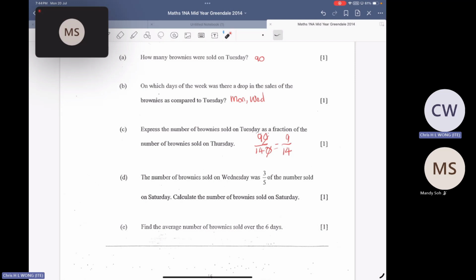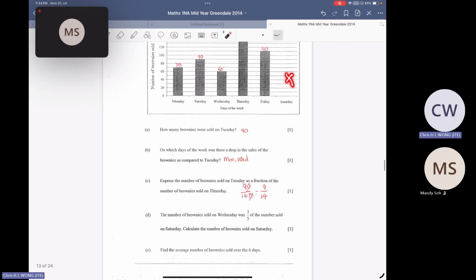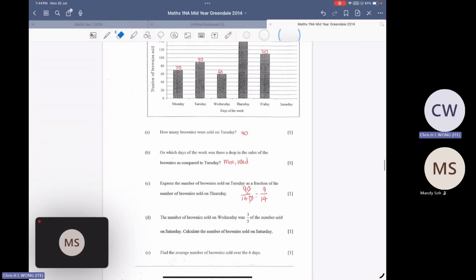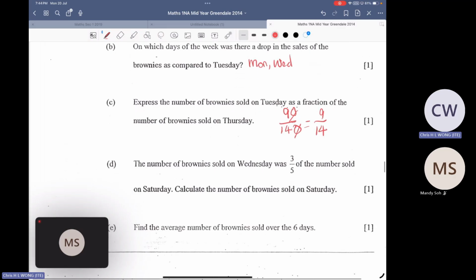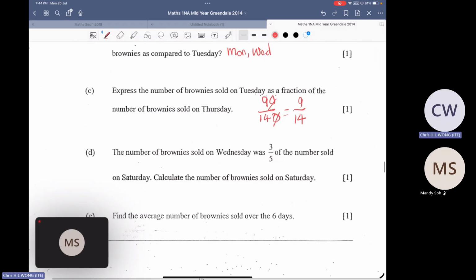Now, the number of brownies sold on Wednesday is 3/5 the number sold on Saturday. Do you know how much on Saturday? Don't know. So get a number. Anything you don't know, you give what? X, right? Yeah. So I'll put here X. This is X. So Wednesday, Wednesday is how many? 60. 60 is equals to 3/5 of X. Do you agree or not?